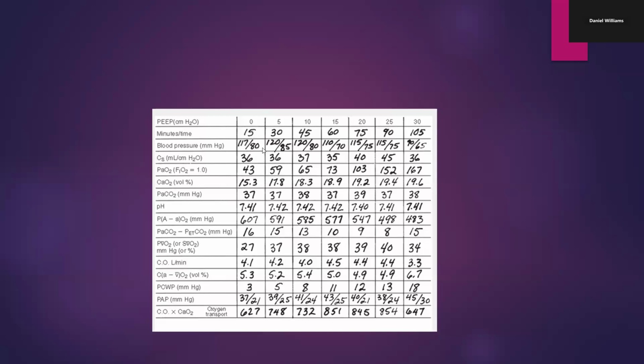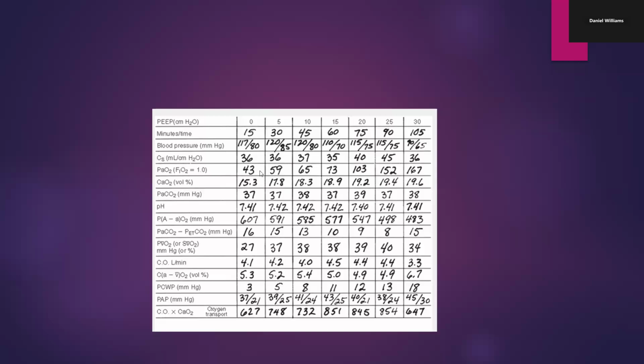We do see as we begin to go up on our PEEP levels, that blood pressure does begin to trend down just a little bit. We also see a little bit of fluctuation within our overall lung compliance as well, where it actually improved a little bit there, say between 20. It's made a little bit of improvement there, but we're getting the highest numbers of our lung compliance between 20 and 25 centimeters of water pressure.